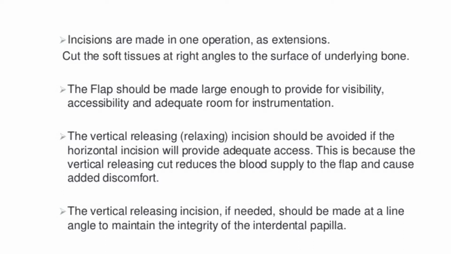The vertical releasing incision should be avoided if horizontal incision provides adequate access. This is because the vertical releasing incision can cut or reduce blood supply to the flap and cause added discomfort. The vertical releasing incision, if needed, should be made at a line angle to maintain integrity of the interdental papilla.